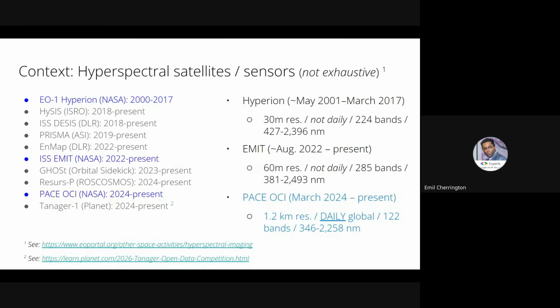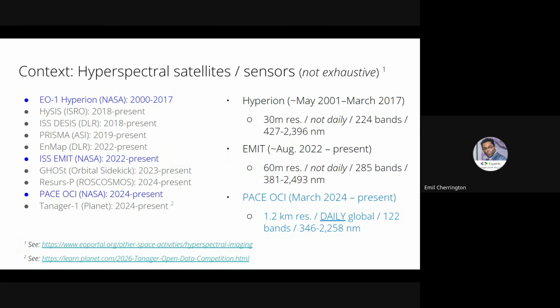So, just to give you some context in terms of hyperspectral remote sensing, NASA's EO-1 Hyperion instrument was the first hyperspectral imager that was launched in late 2000, but it started capturing imagery in early 2001, and that was decommissioned in 2017.